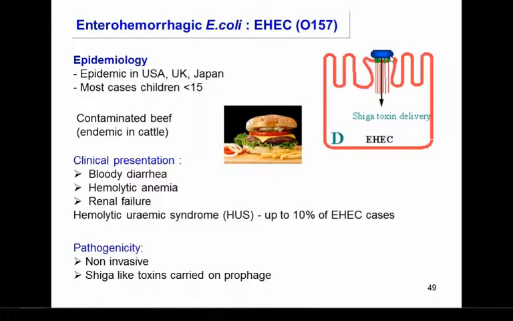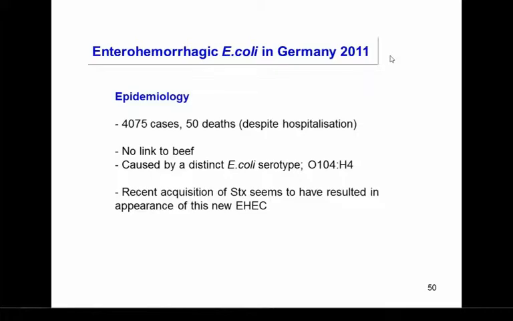So if you treat somebody with hemolytic uremic syndrome with antibiotics, this is going to increase the expression of the toxin. You can kill the pathogenic bacteria, but before they die, they can secrete a lot of toxin. So that's why there's no clinical benefit in antibiotic therapy in these infections.